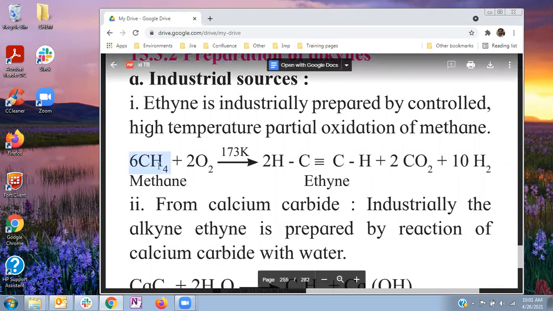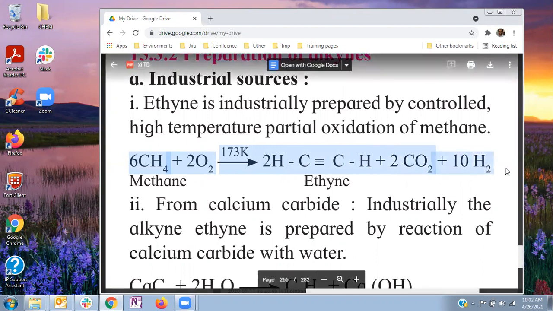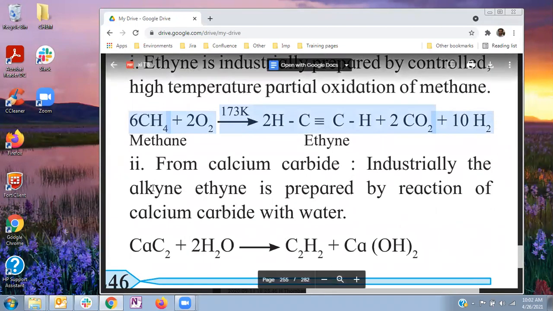When six molecules of methane are oxidized at 173 Kelvin, it is converted into two molecules of ethyne, that is CH triple bond CH, plus 2CO2 plus 10H2. This is one of the industrial methods for the preparation of ethyne, that is acetylene.